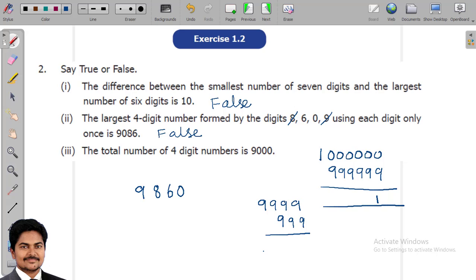After that, subtract the biggest 3 digit number from the biggest 4 digit number. So we get 9 minus 9, 0, 9 minus 9, 0, 9 minus 9, 0. Bring down 9 as it is. So 9,000 numbers. It is also given 9,000. So it is a true statement. Write true.